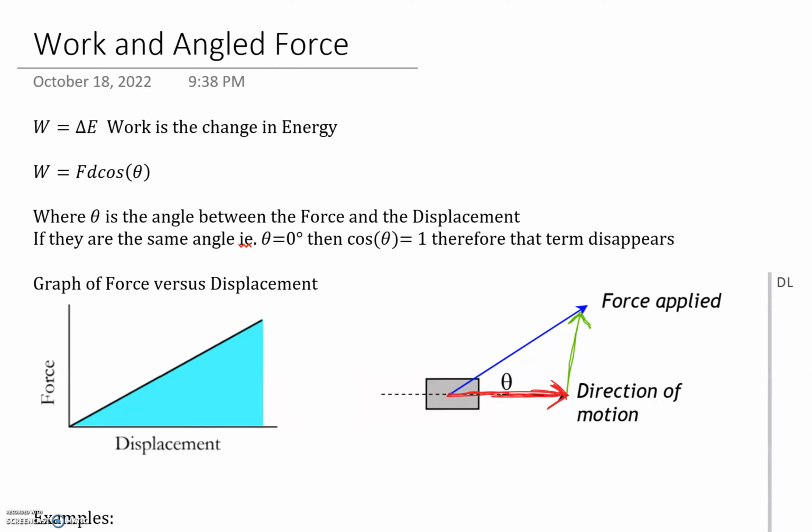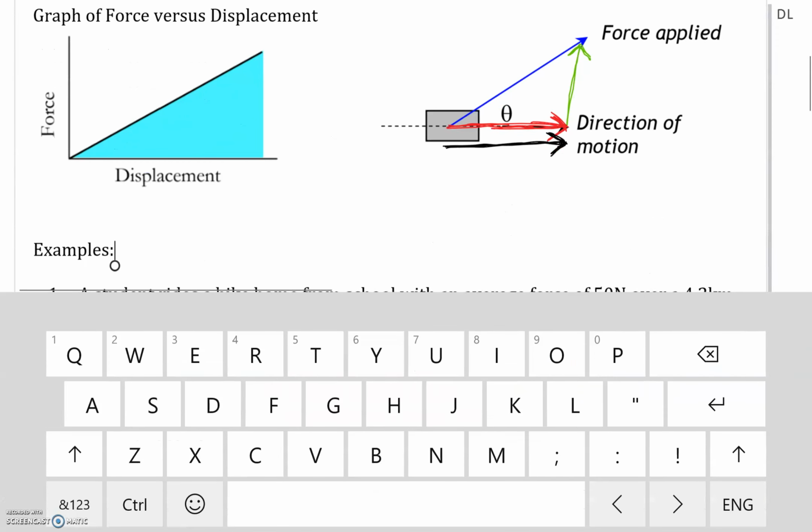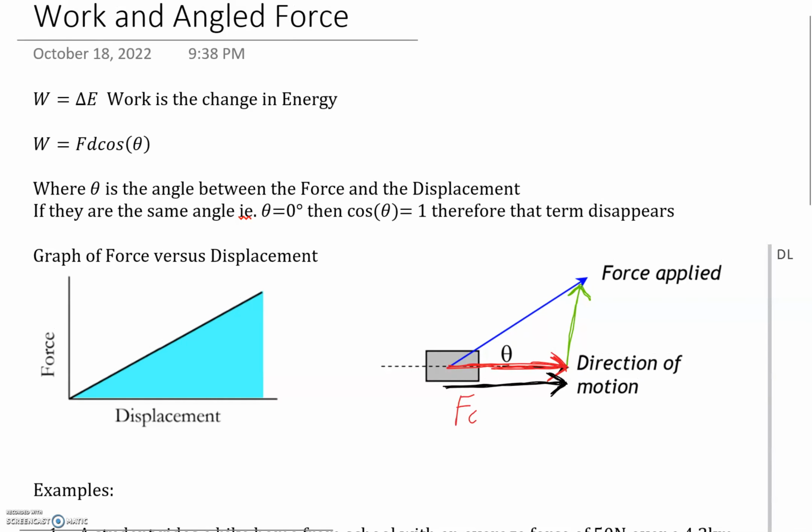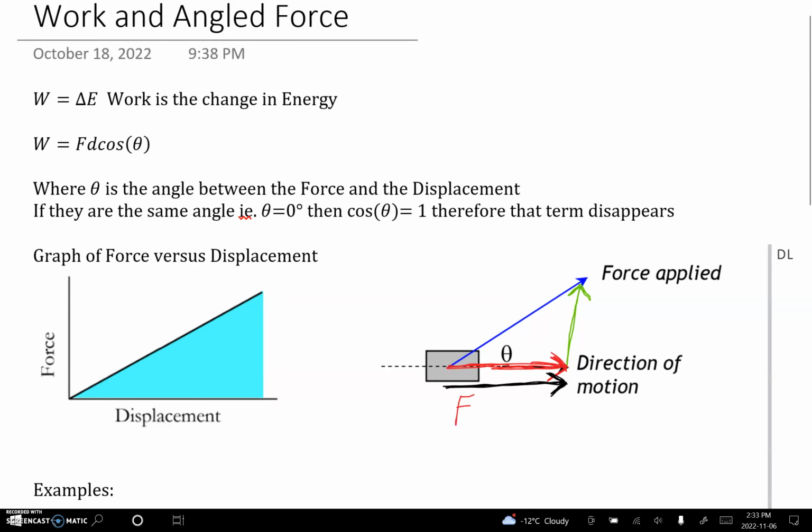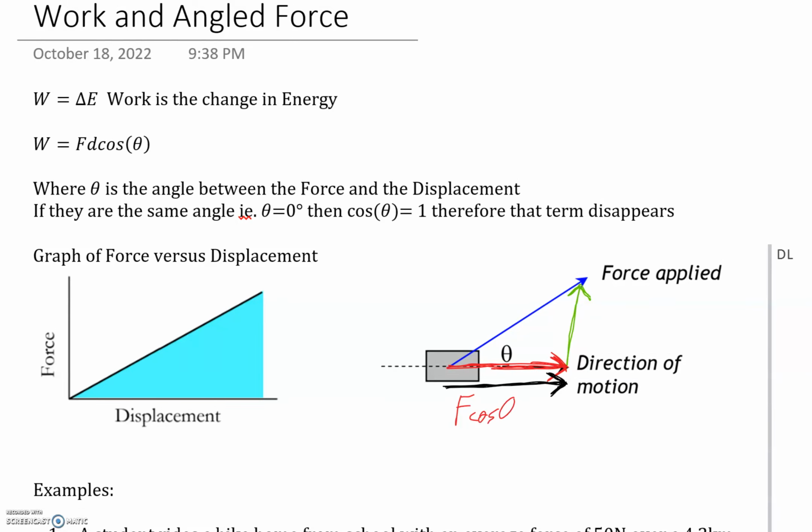When we're calculating work, our force applied only takes into account the component of the vector that is in the same direction as the direction of motion. They have to be going in the same direction for them to count, which is why we use cos theta in order to find this red side. So it's force cos theta, and that would get us the value of the red side.